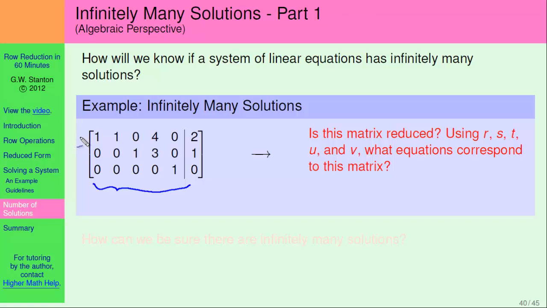We have our leading one in the first row, and its column is clear. And we have our leading one in the second row, and its column is clear. And we have our leading one in the third row, and its column is clear. And also we have a nice staircase. So this matrix is reduced.